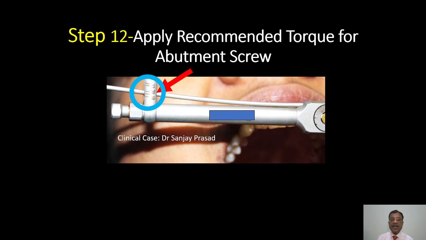If we apply more torque, then there will be a chance of abutment screw fracture, and that will cause another problem, and that problem will be of a very serious nature. So regarding the recommended torque, we can see in this picture that 20 torque has been applied to the abutment screw for tightening of the abutment with the underlying implant.